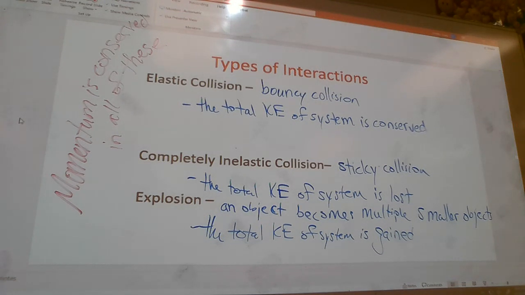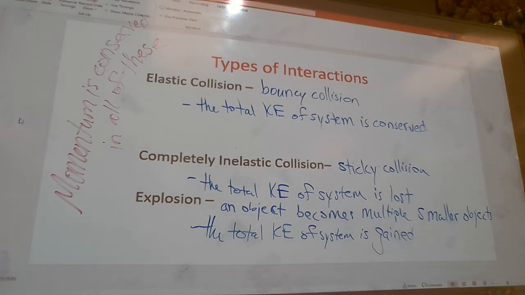Now, I just want to give a little disclaimer here. I'm checking a state standard in this slide right here. At a macro level, a real life level, there's no such thing as a truly elastic collision. That happens at microscopic levels, like little electrons.